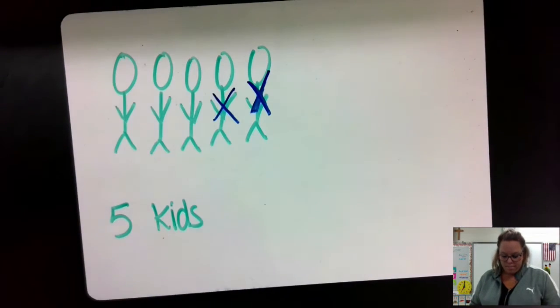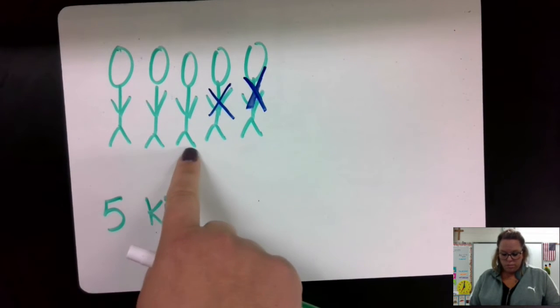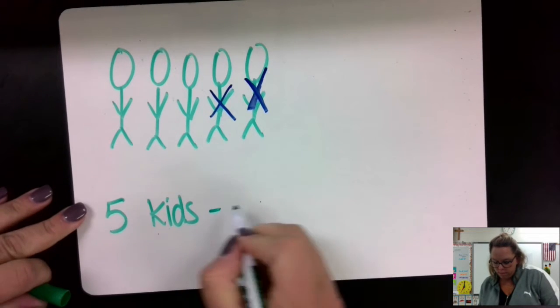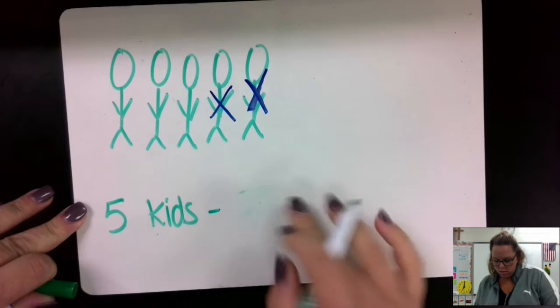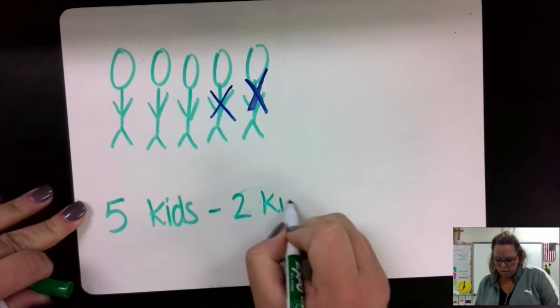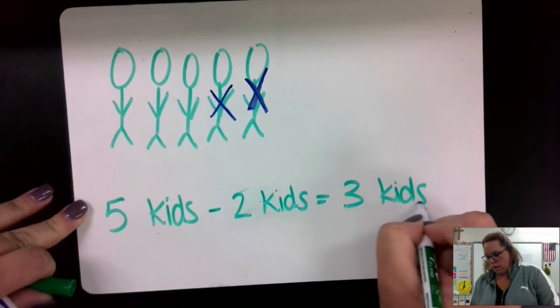They went away. How many kids are left at the pool? 1, 2, 3. 5 kids minus 2 kids equals 3 kids.